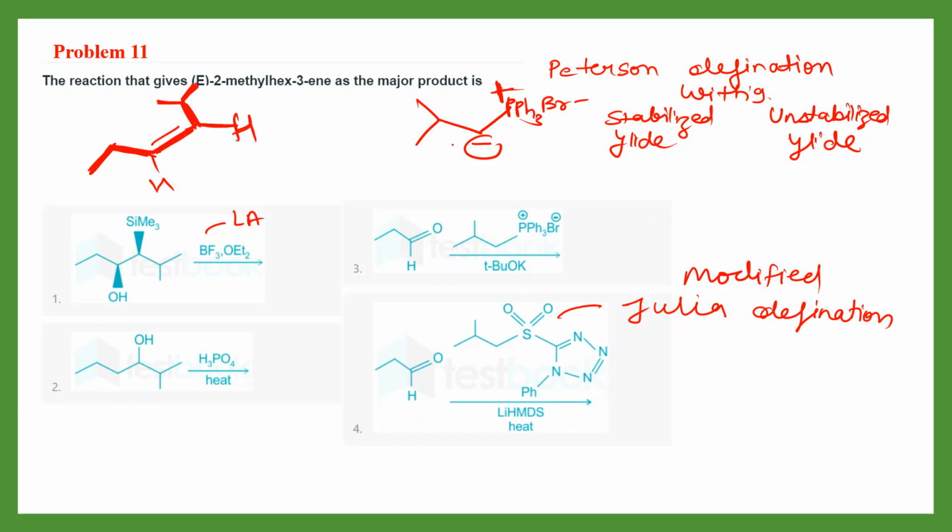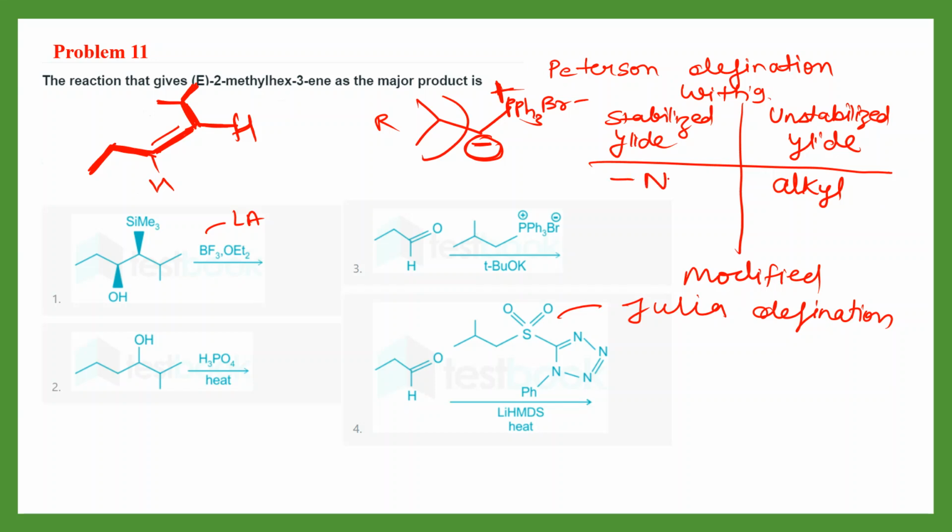Okay, now see, carbanion is forming here. If this R group is stabilizing your carbanion, it will come under stabilized ylide. If this R group is not stabilizing, it will come under unstabilized. You know, alkyl groups are not going to stabilize your carbanion, so they will come under unstabilized ylide.